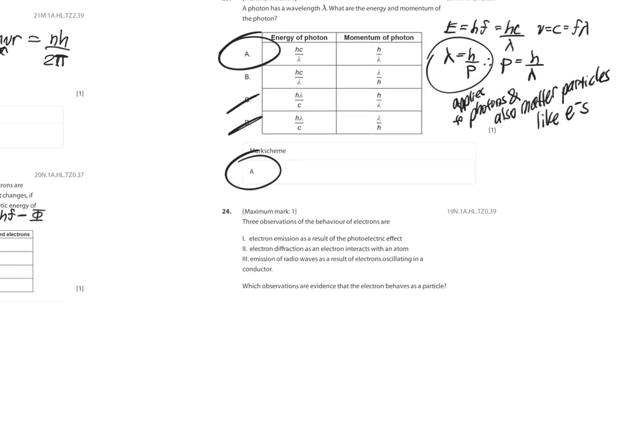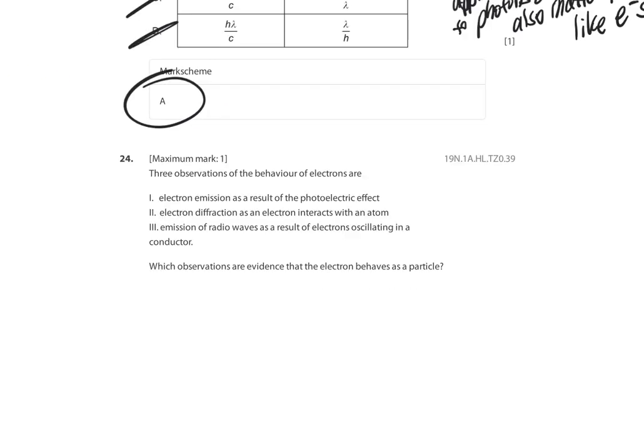Okay, 24. Man, the IB really loves these which-statements-are-true kind of things. So anyway, behavior of electrons: electron emission from the photoelectric effect, electron diffraction as an electron interacts with an atom, and emission of radio waves as a result of electrons oscillating in a conductor, evidence that the electron behaves as a particle.